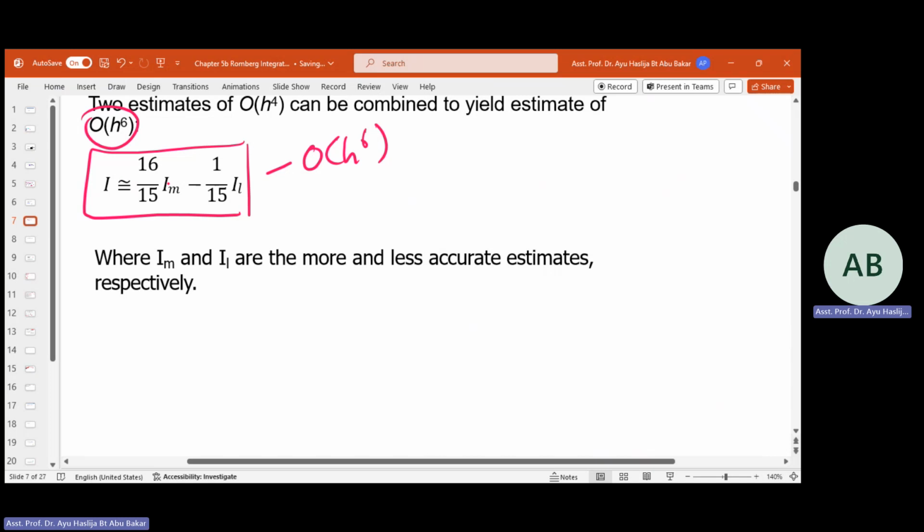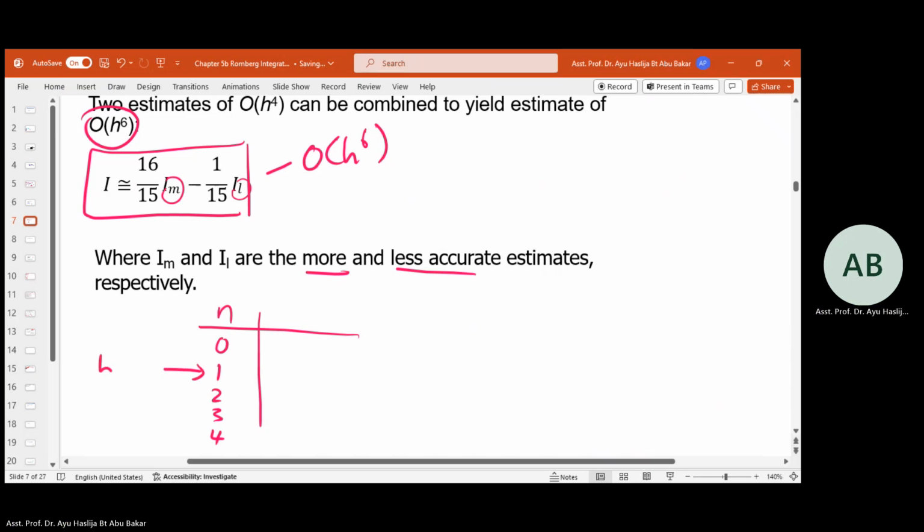Okay, M and L over here are more and less accurate estimates. Meaning that if you have N, this one has, let's say H1, different H. So H2 is smaller compared to H1, right?